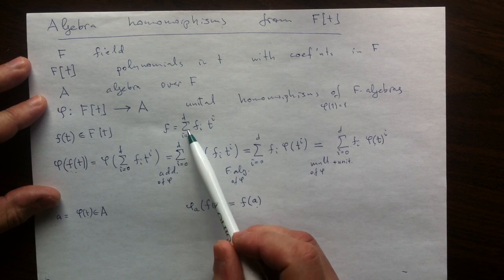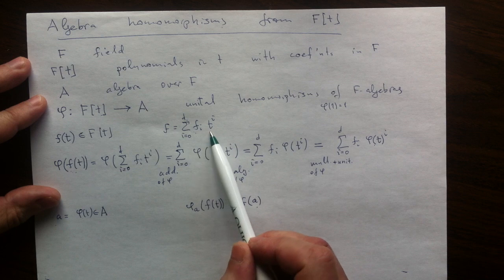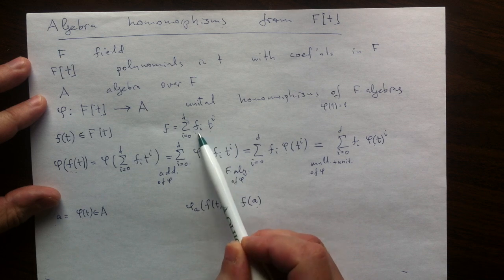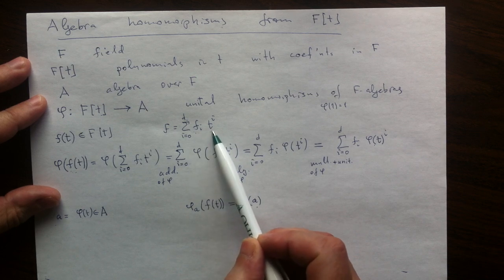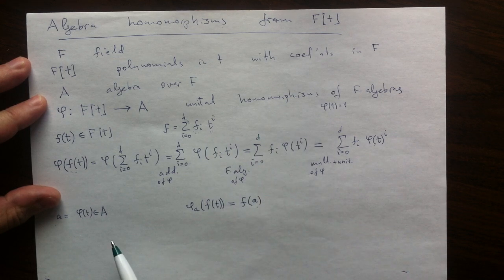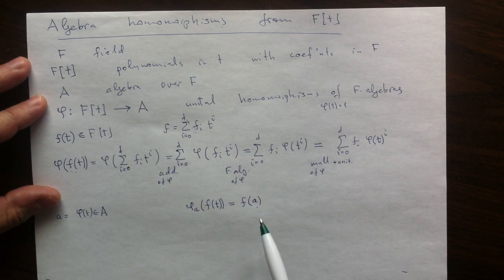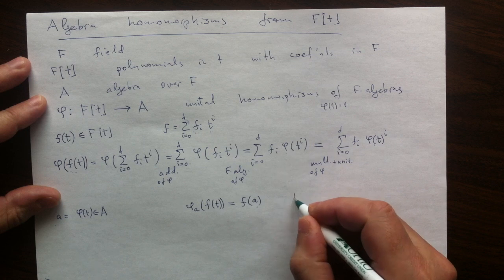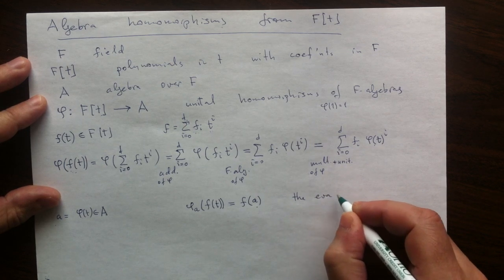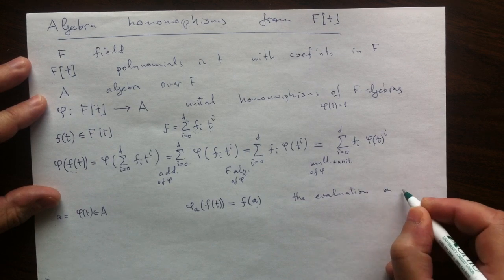It's an instruction: take a sum of products of scalars and powers of an element. All these instructions can be performed in an arbitrary F algebra. So that's what this evaluation is. So this is the evaluation homomorphism on little a.